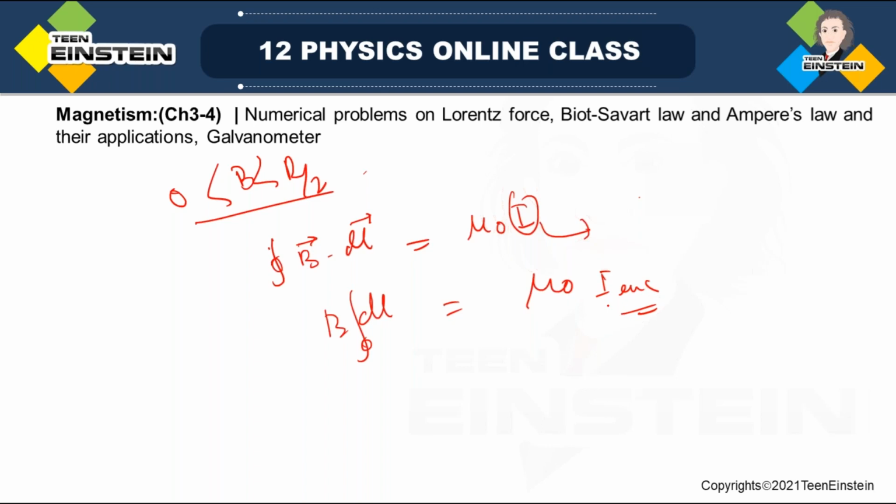That we have to find out, and here the integral of dl will be 2 pi and radius small r. So B will be mu 0 I enclosed divided by 2 pi small r.